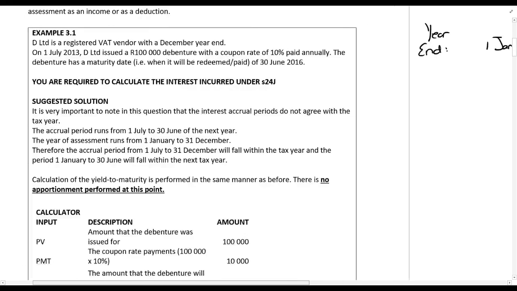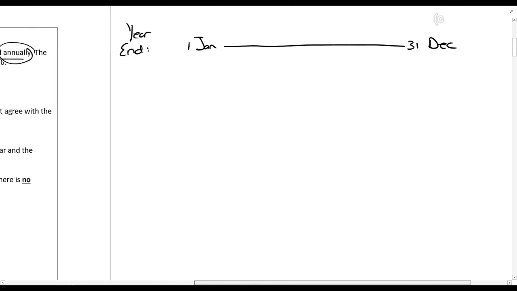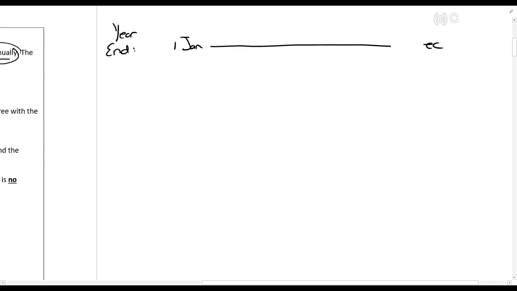They then tell you, on the 1st of July 2013, D Limited issued a 100,000 rands debenture with a coupon rate of 10% paid annually. The debenture has a maturity date of 30 June 2016. So now, what do we have here? Let me make this a little bit shorter. Okay, so that's our year end, our tax year.